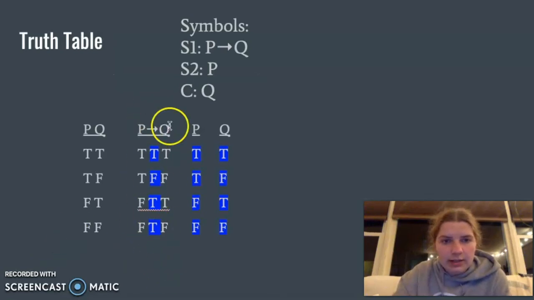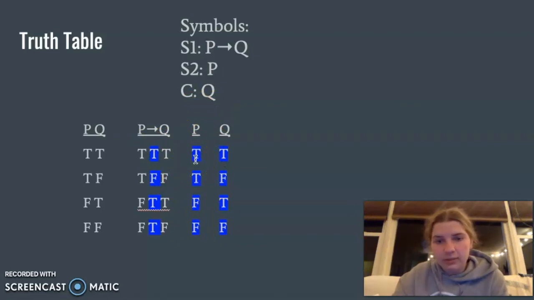So S1 has to be true, and if it is true, then S2 also has to be true. Here we have true, true. Good. S1 does imply S2 in this situation. Looking here, F and then T. That's okay.